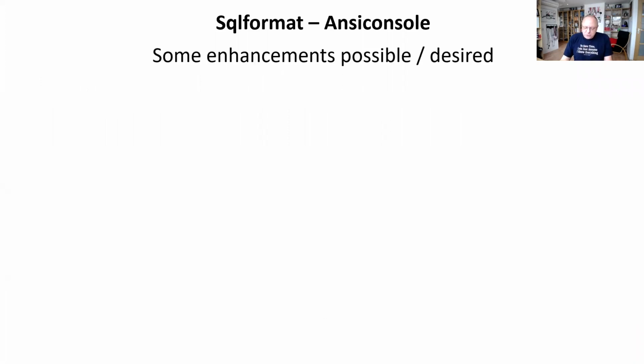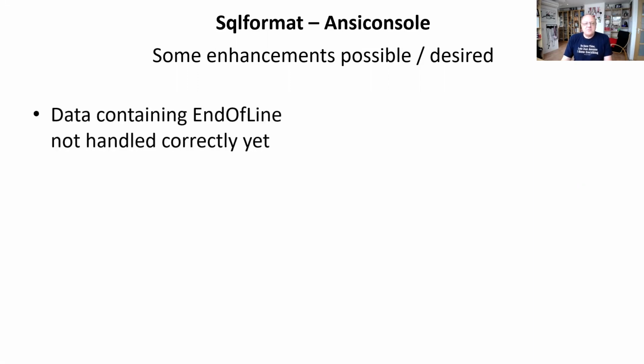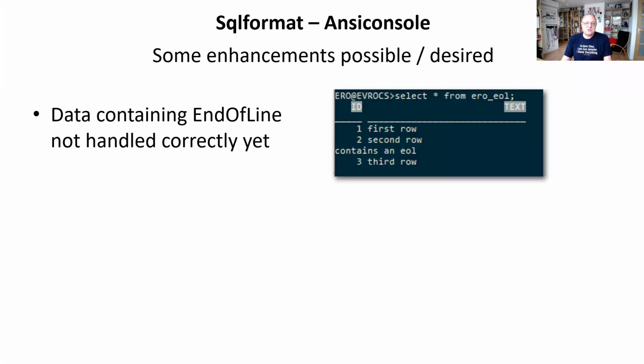Some things could be enhanced, in my humble opinion. If you have data that has an end of line, then it's not really handled correctly. Like this, you see that the second row has an end of line in the second column, and the new line doesn't start at the start of the column, but at the start of the line, and that's not very nice.